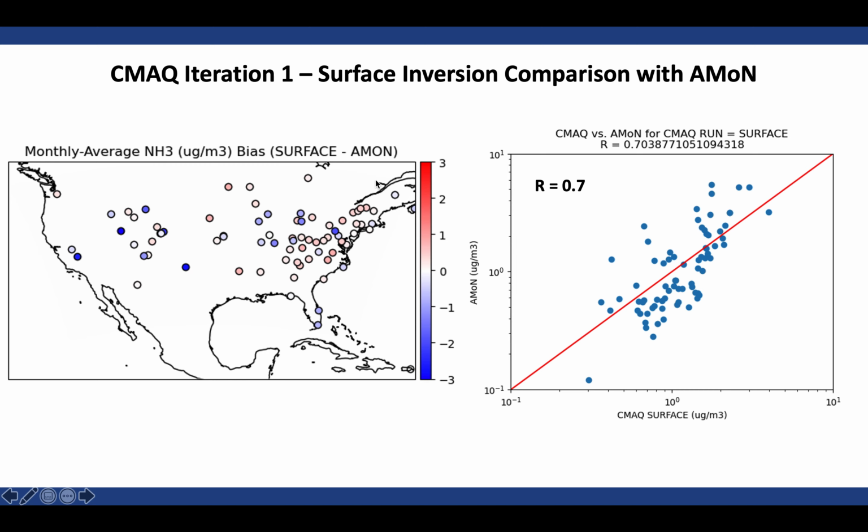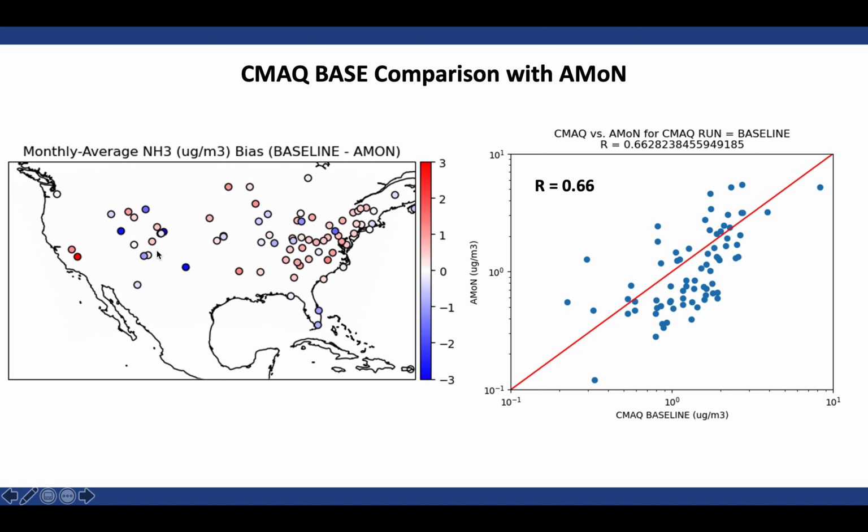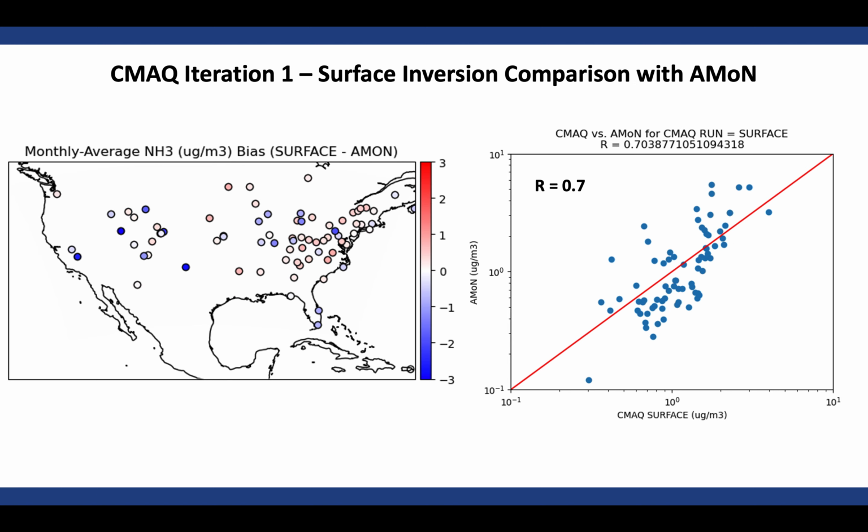And then we see that most of the dots, the comparisons at the AMON surface networks, move in the correct direction. For example, over the southeast, the dots become less red. And then we see some flips in some places, for example, in California, where it was over predicting, now it's under predicting.